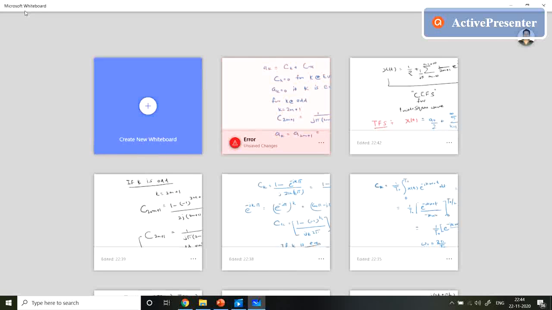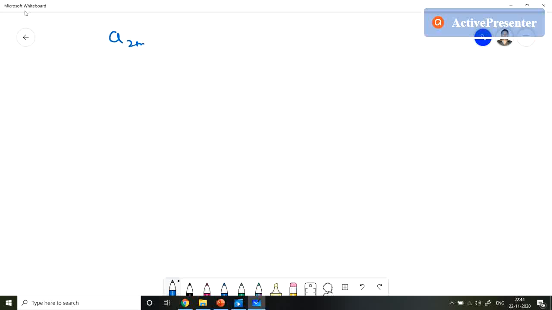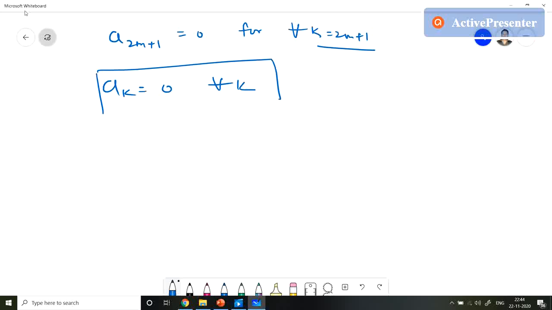So a of 2m plus 1 is equal to 0 for all values of k that are odd. So in short, a_k is 0 for even value of k, also a_k is 0 for odd value of k. So a_k is 0 for all values of k.